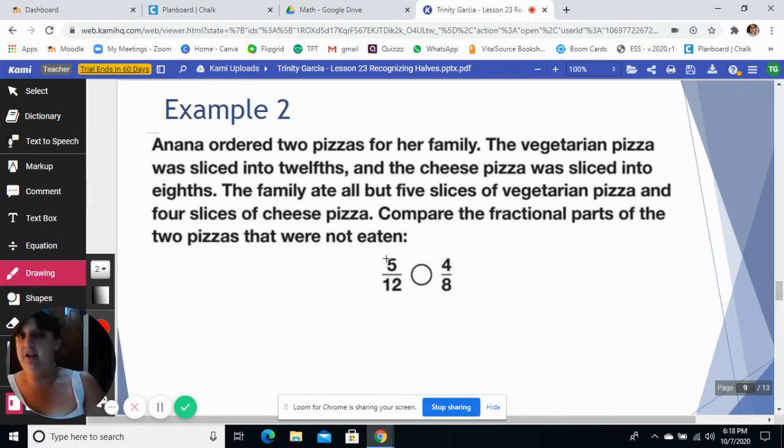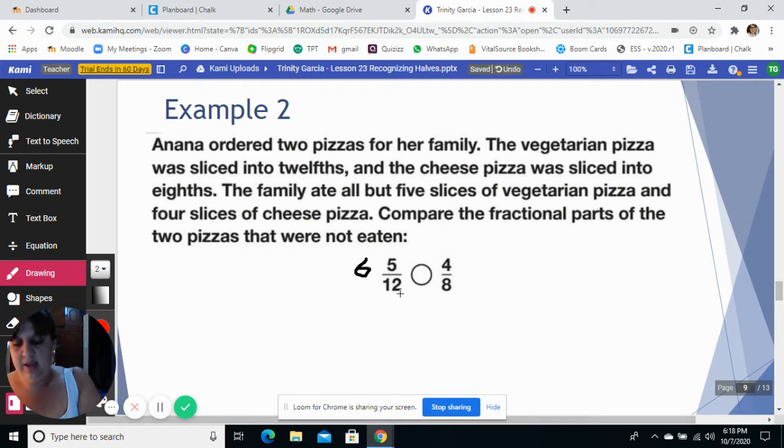So let's look carefully. We have the vegetarian pizza represented by 5/12ths, and the cheese pizza represented by 4/8ths. Now, the denominator of 5/12ths is 12, and half of 12 would be 6. So it's not 1/2.